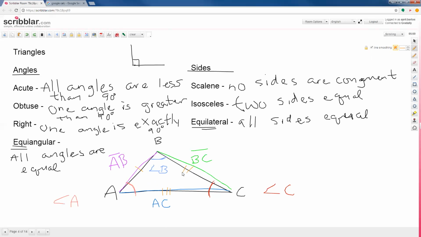If there's a different number of tick marks, that means these are different sizes. Let me show you what an isosceles triangle would be marked as. If we have two sides the same, they would each just have one matching tick mark. This left side is going to equal this right side. And then they could mark that the bottom side is different by putting 2. So if all three sides are different, we would call this scalene.